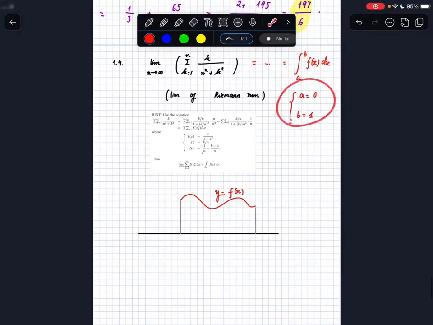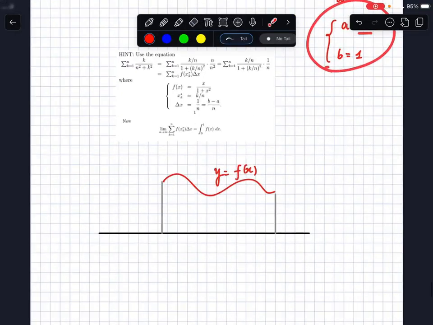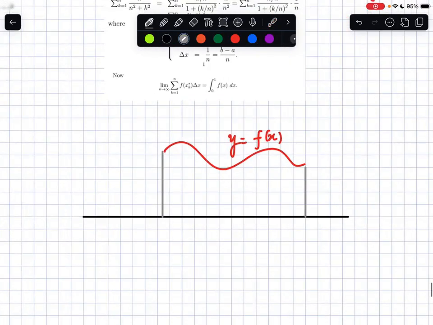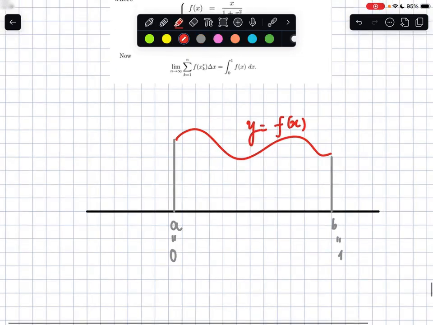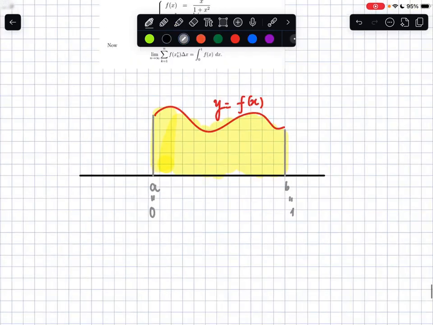In our case, x is from 0 to 1. To compute this area, we cut it into n thin rectangles.